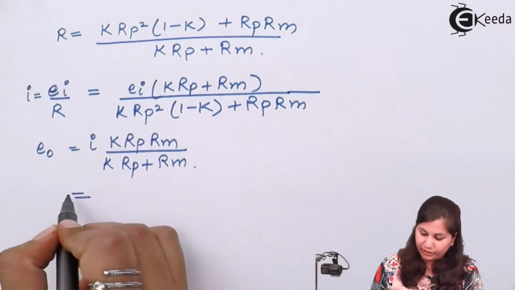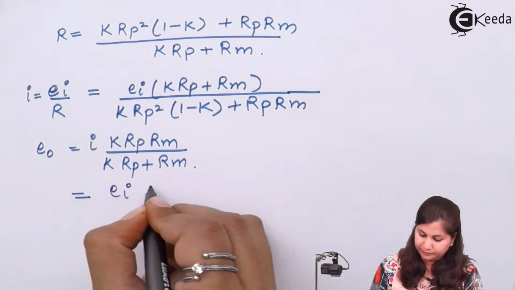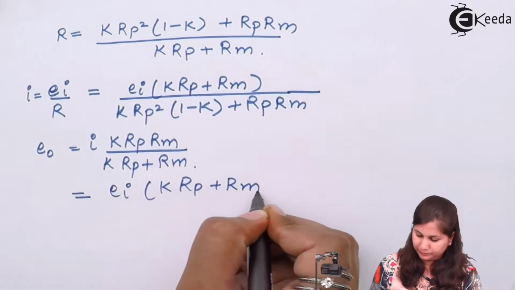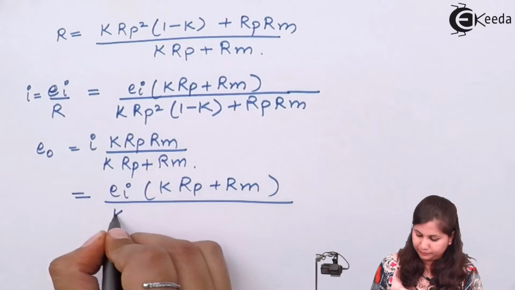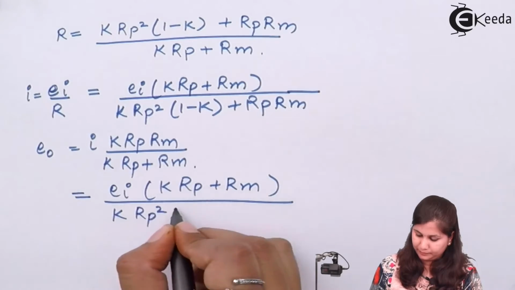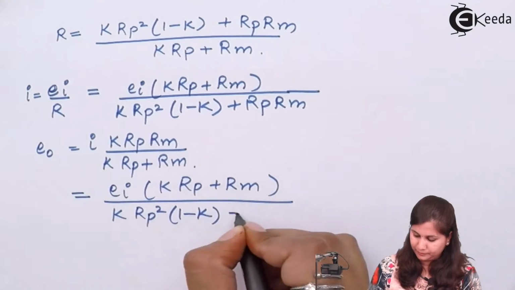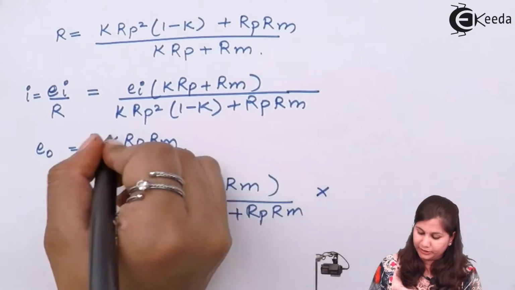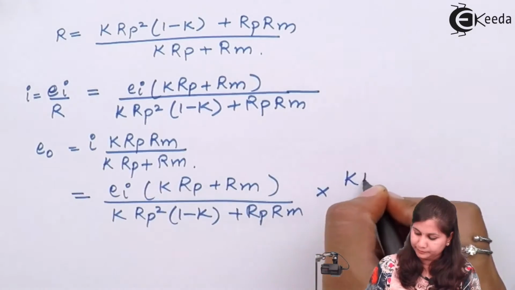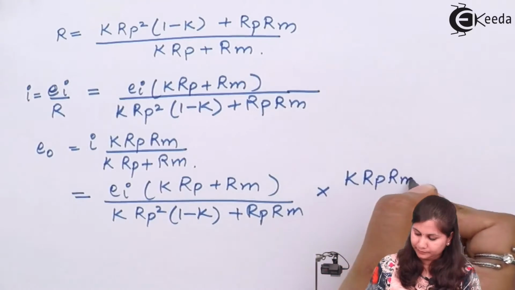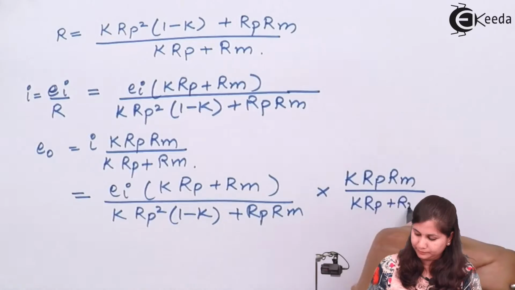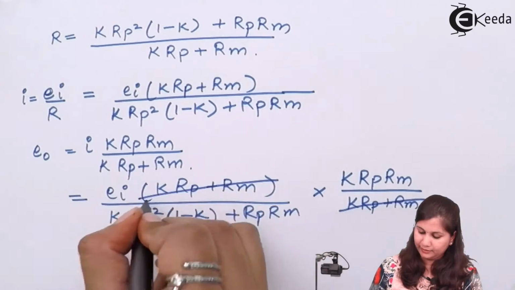E equals IR, here we have written. Put the value of I from this equation, multiplied with this factor, so this will be cancelled.